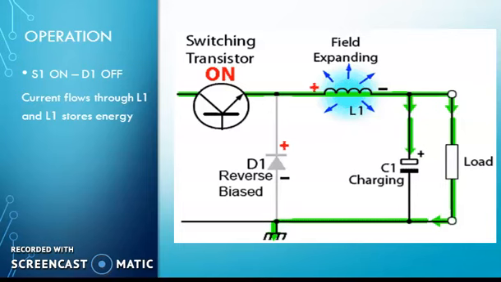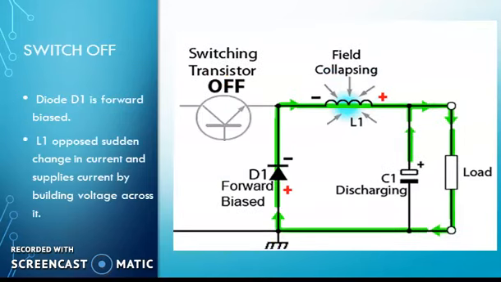When the switch is off, the capacitor discharges through the load. So the voltage across the inductor appears across the load. Yes, when the switch is off, L1 opposes sudden change in current and supplies current by building voltage across it.